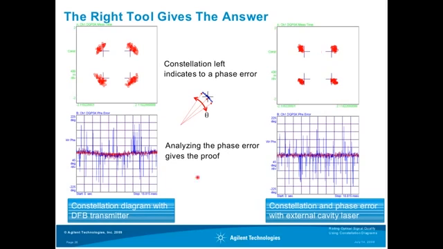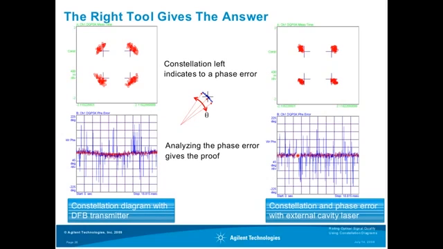And if we look at the phase error of these signals, we can get the proof that we really have some phase error. Here the phase error is displayed on each symbol or versus time, and you can see that we have a deviation of the phase error from the ideal 0.